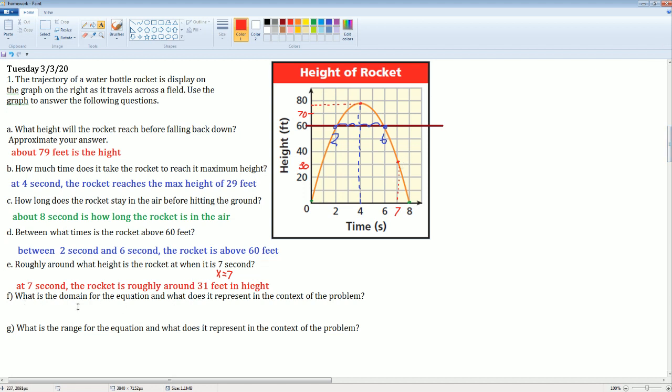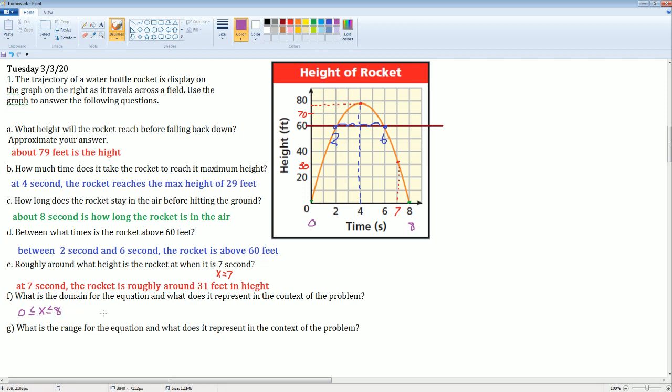What is the domain for the equation, and what does it represent in the context of this problem? All right, so here we know that the domain is where it starts from. So it goes from 0 all the way to 8. So we would say x is greater than or equal to 0, but less than or equal to 8.